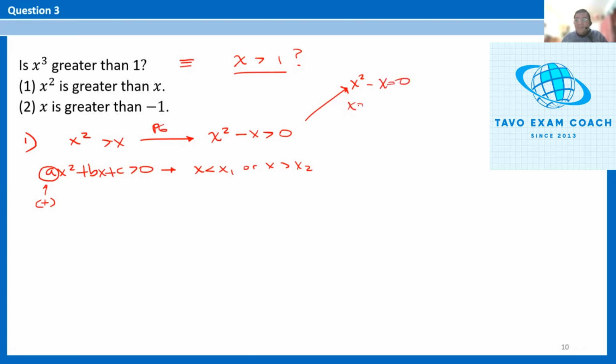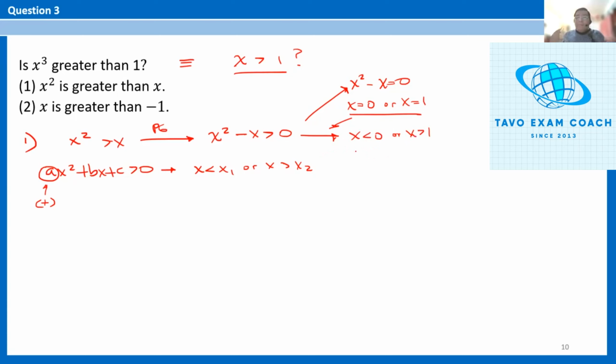So x can be 1 or x can be 0. Because of this, we know directly that the solution for this inequality would be x is less than 0 or x is greater than 1.